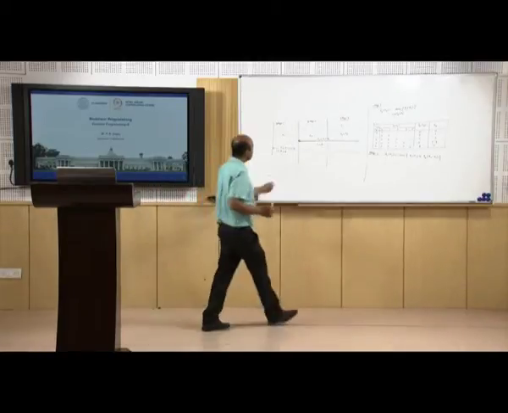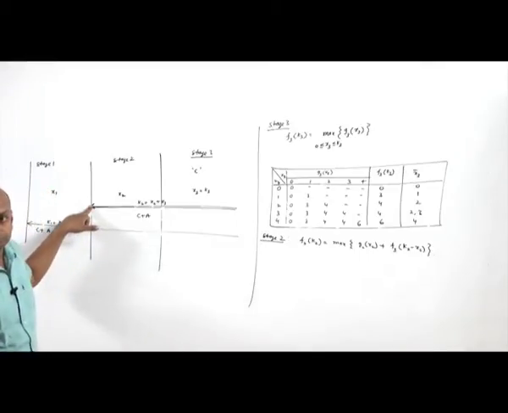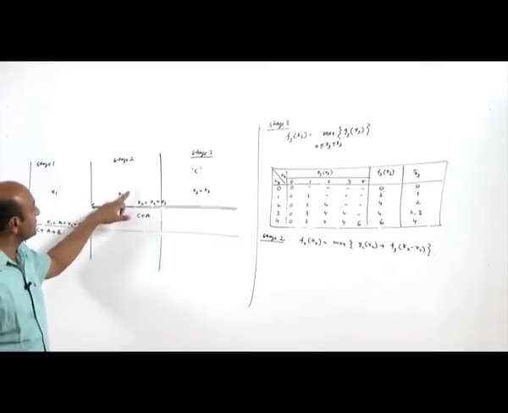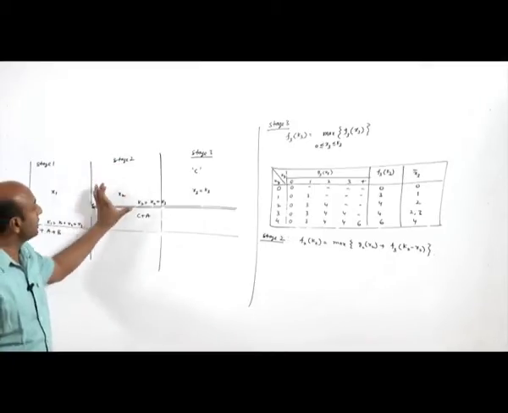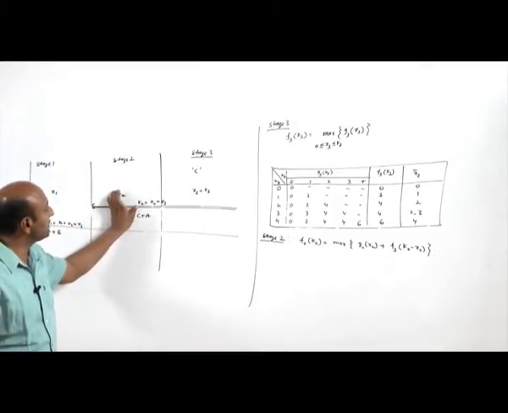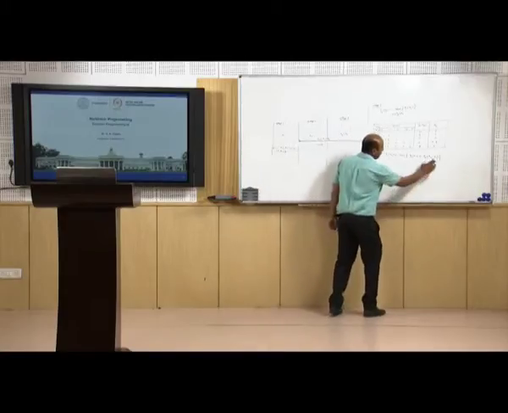K2 is the amount available up to stage 2, and X2 is the availability in this stage, for plant A. So the difference will give the availability for stage 3.